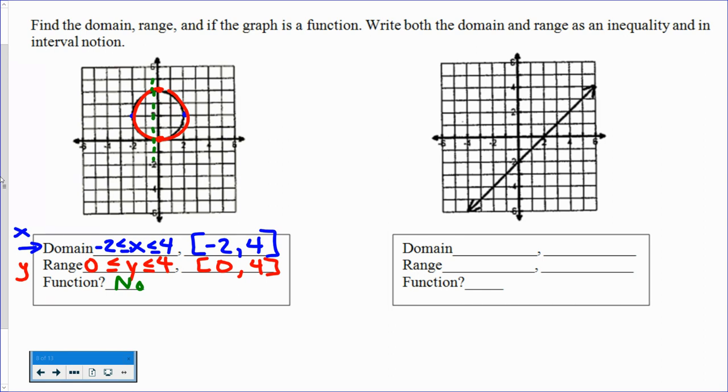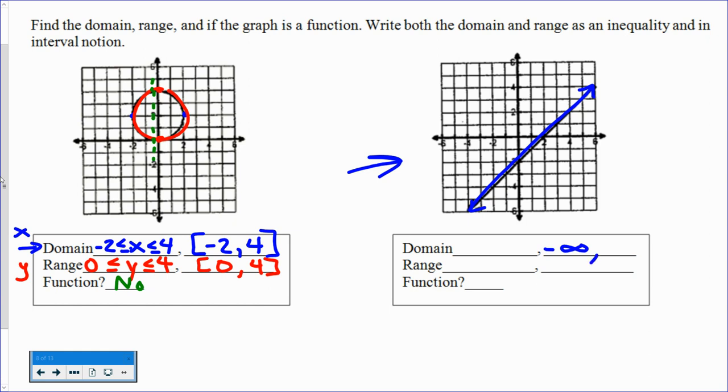Okay. For my next graph here, my line over at the right. If you notice, there are arrows pointing to the left and right and slanting up and down. So for my domain, what that would mean is when I'm looking across the x-axis, what's the farthest left it would go? Well, that's towards negative infinity.